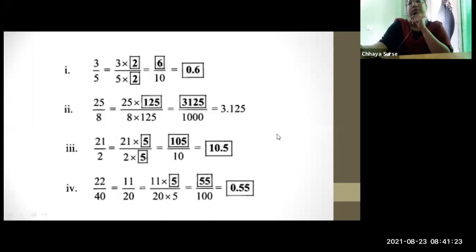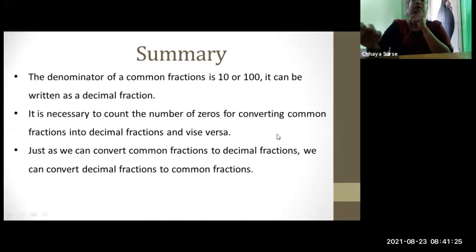So the denominator of a common fraction is 10 or 100, it can be written as a decimal fraction. It is necessary to count the number of zeros for converting a common fraction into a decimal fraction, and vice versa.